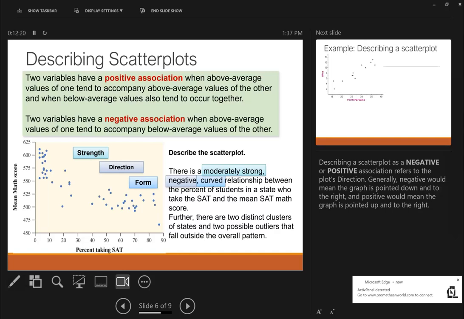The other descriptors that we want to talk about are the strength. So the strength is how tightly the data is packed together. So you would say things like very strong, moderately strong, weak, very weak. Those would be just examples of ways to describe the strength of your relationship.